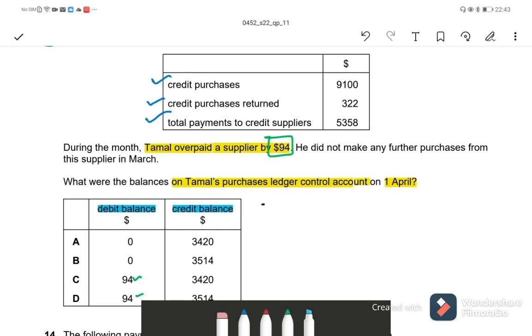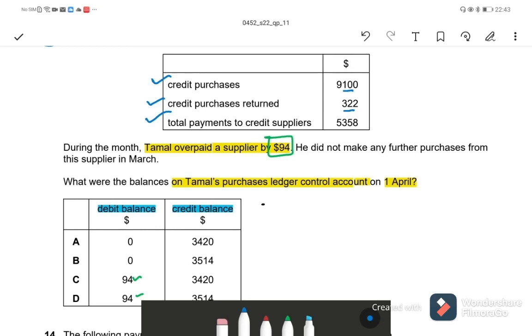Here the credit balance is 9,100 minus 3,322 minus 5,358, and we have to add back how much he overpaid.